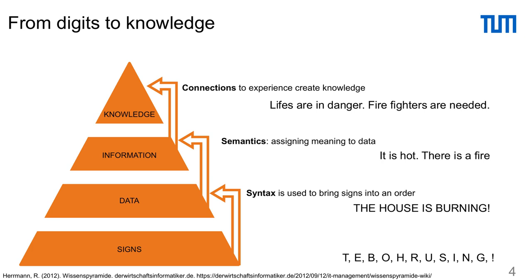The house is burning means it is hot, means there is a fire. And on our way to knowledge, we have to reactivate our experience, we have to reactivate prior knowledge and create interconnections. And then we know if there is a house that is burning, lives are in danger, and firefighters are needed.